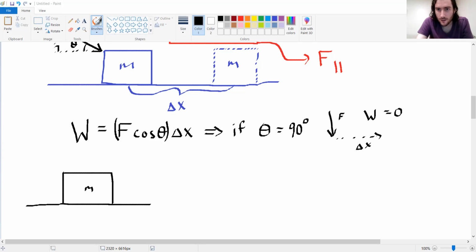So we have a crate with a mass M, and this crate is being pulled on with a force. It's labeled FP, so the pulling force, at an angle of 37 degrees. The mass of the crate is 50 kilograms.